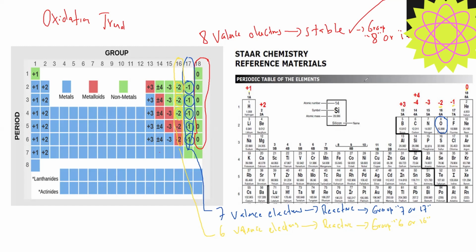Normally, what this indicates is that the elements that are in this first group are gonna be donating electrons to these ones that are in the group number 7 to complete 8 valence electrons. Look at it. The ones that are in the group number 1, how many valence electrons do they have?